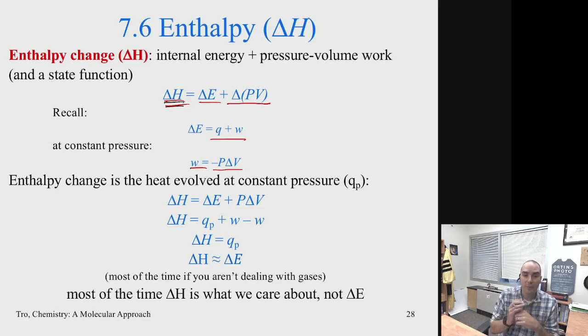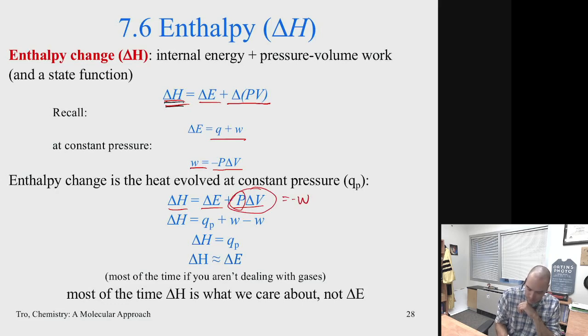So if we're looking for enthalpy change, it is the heat evolved at constant pressure. So what do I mean by that? If we take delta E plus, and we're here at constant pressure, the volume has now changed. And this here is actually negative work.